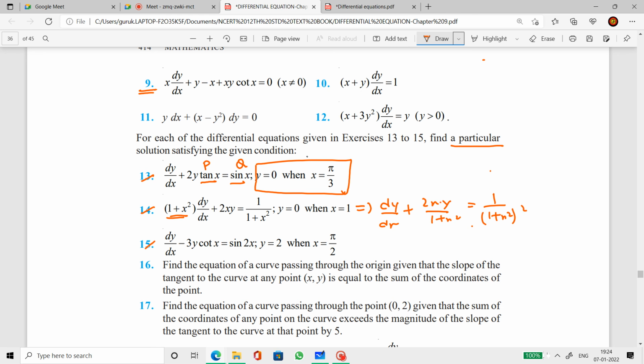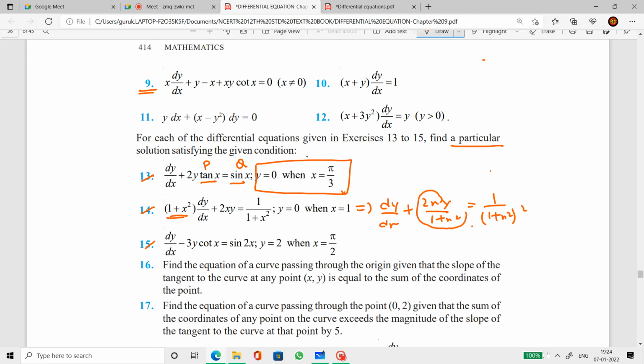So P is naturally 2x by 1 plus x square, and the integrating factor will use substitution here. And Q will be 1 by 1 plus x square the whole square. So again you come to a point where you have to integrate Q into integrating factor, but I don't think parts is applicable here.